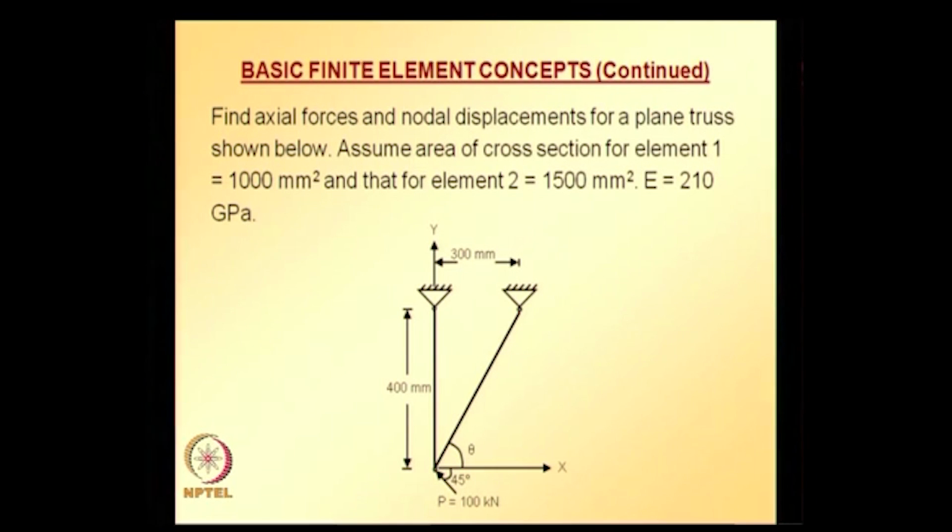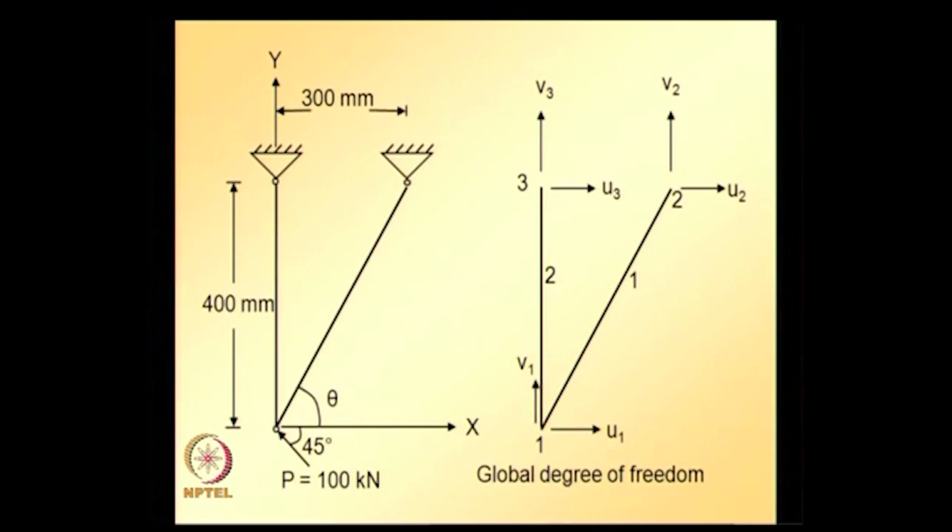For example, for element 2 if we choose first node to be node 1 and second node to be node 3, then positive direction of local x axis for this element is same as global y axis. Hence angle alpha, which is nothing but angle between the local x axis and the global x axis, turns out to be 90 degrees.